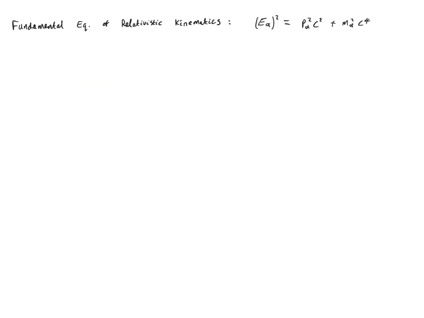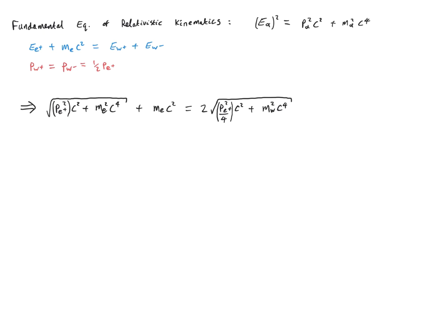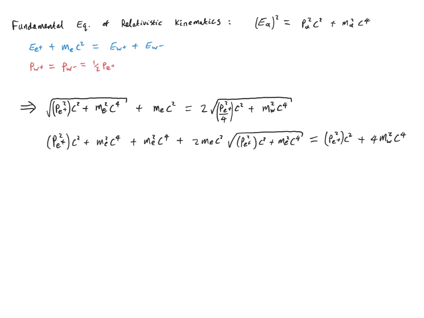Now, using as usual the fundamental equation of relativistic kinematics for each particle that I've written down here, together with our energy conservation equation which we derived on the previous slide, as well as our momentum conservation equation, we can then solve the equations to find the initial momentum of the positron P_e+ required at threshold to make this reaction happen. At threshold, this is something that's completely determined by the rest masses of the reactants and the products. Squaring both sides of the equation, we obtain this, and we notice that there's some cancellation we can do.